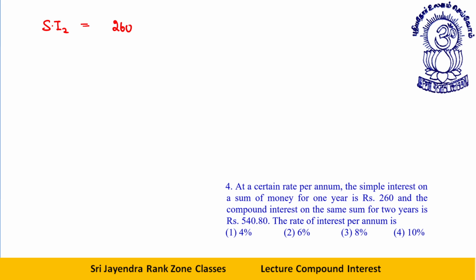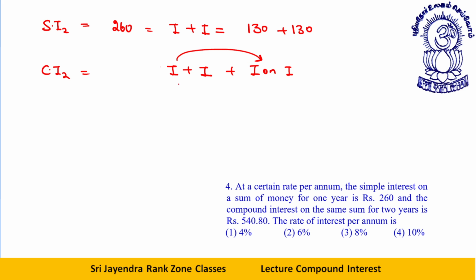This is 260. I know this is I plus I, or this can further be written as 130 plus 130. Now CI for 2 years is what? This is I plus I, same I, plus I on I, interest on interest. Okay, this part we already know, first of all, this is given to us in the question, and CI of the same sum for 2 years is 540.80.